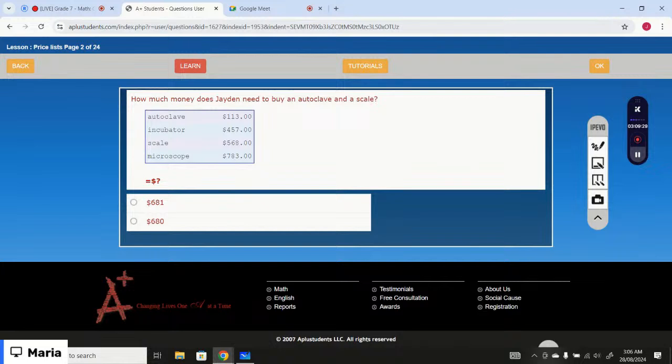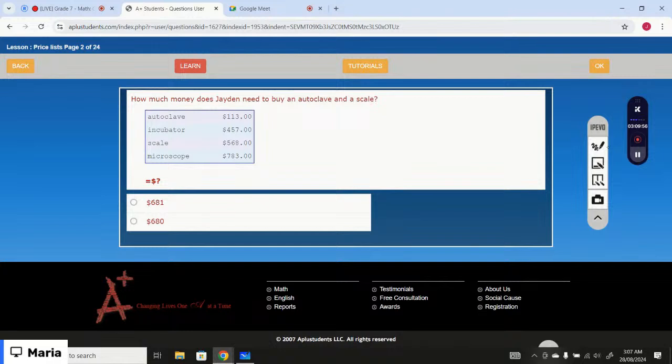How much money does Jaden need to buy an autoclave and a scale? So which is the correct option? So that is an autoclave and a scale, right?